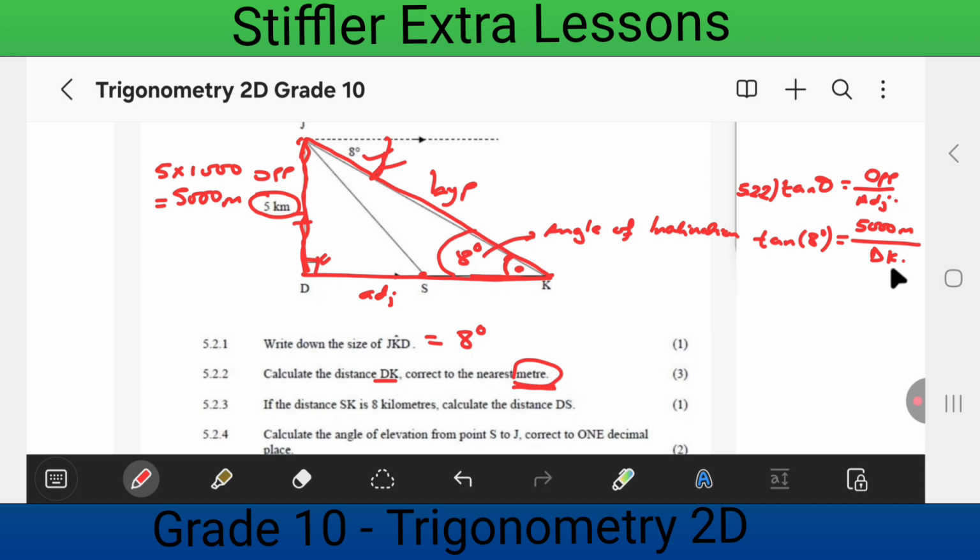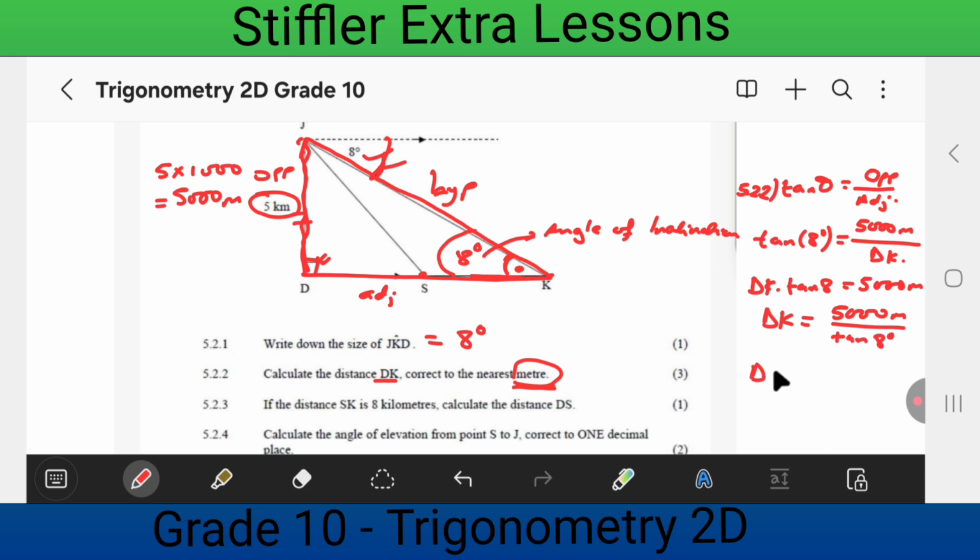So now we can multiply by DK. So DK multiplied by tan of 8 will be equivalent to 5,000 meters. And now we can divide by tan of 8, which means that our DK will be equivalent to 5,000 meters divided by tan of 8 degrees.